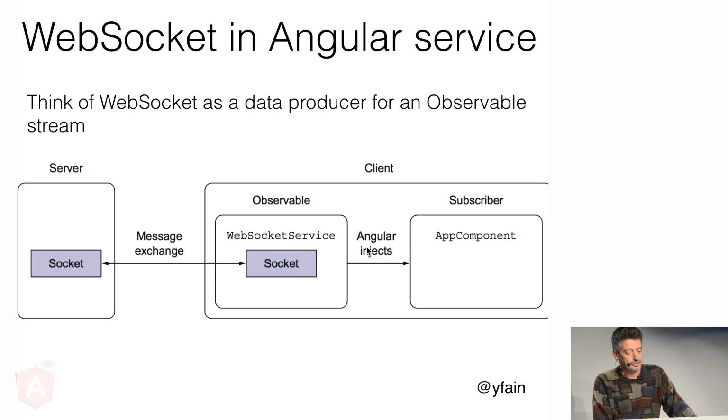Inside the Angular client, you create a service that wraps the socket object. The socket object connects to the server socket, and they start talking to each other. Then you inject an observable service into your component, and the component receives messages. The component subscribes to messages, and shows them on the UI, for example, or does something else with them.